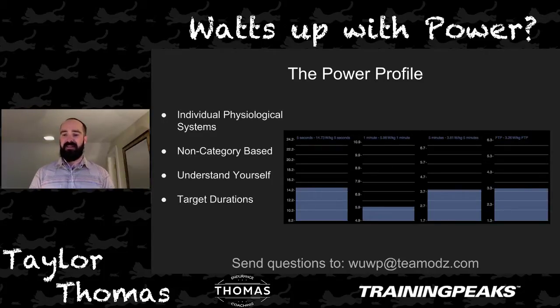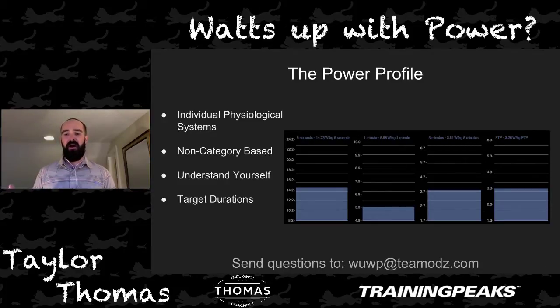Now, it's important to remember that those durations don't isolate those specific systems in the body, meaning that a 5-second power is not all neuromuscular. There's aerobic strength involved, there's anaerobic capacity involved. The same thing with an FTP level effort or an FTP duration effort.